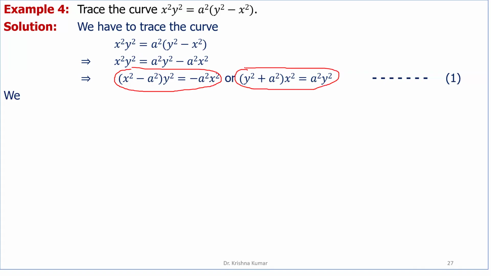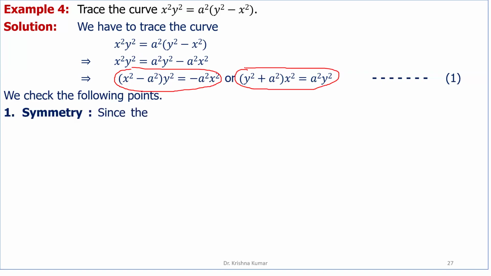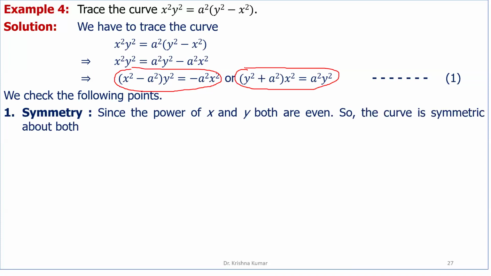Now, if you want to trace this curve, we need to check the following points. The point number one is about symmetry. Since the power of x and power of y both are even, the curve is symmetric about both the axes, about x-axis as well as y-axis.